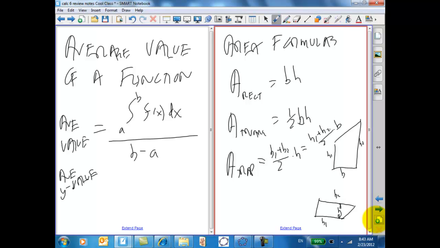Okay? It's basically turning the trapezoid back into a rectangle. And last thing, of course, area of the circle. pi r squared. There you go. Pi r squared. All right.